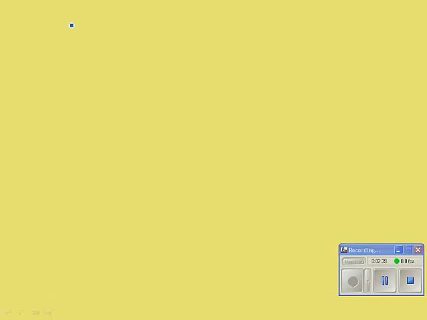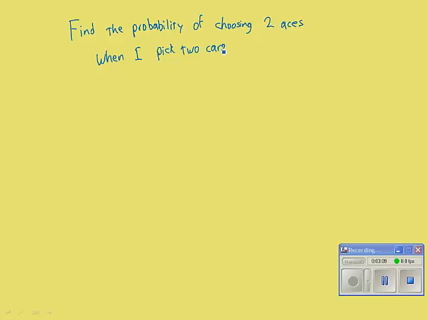Let's do it here. Let's find the probability of choosing 2 aces when I pick 2 cards from a standard deck.